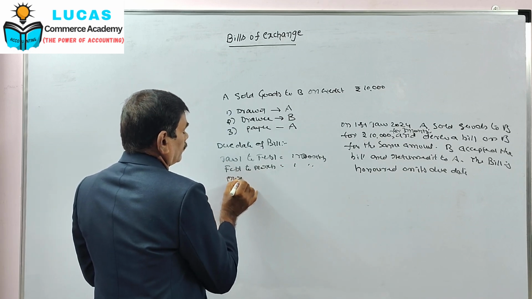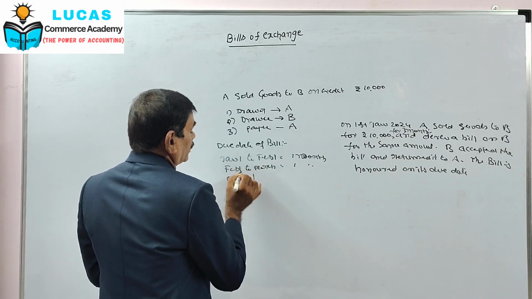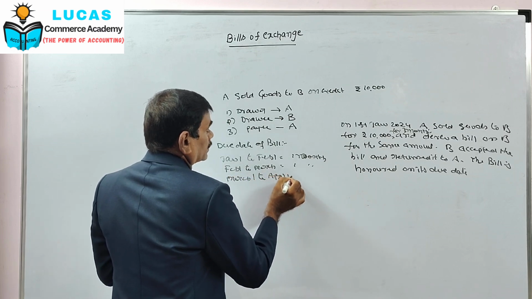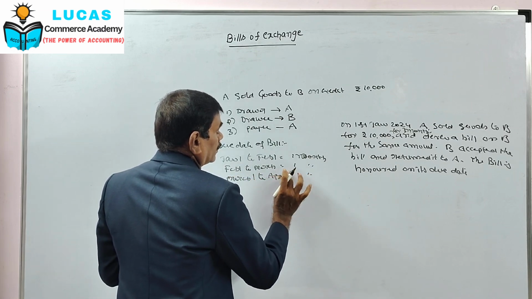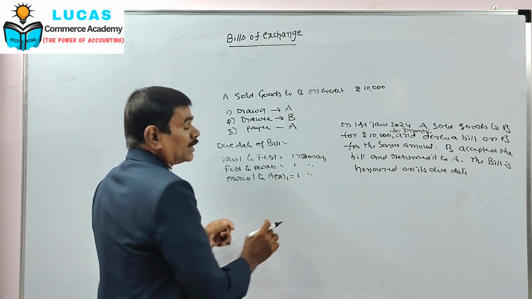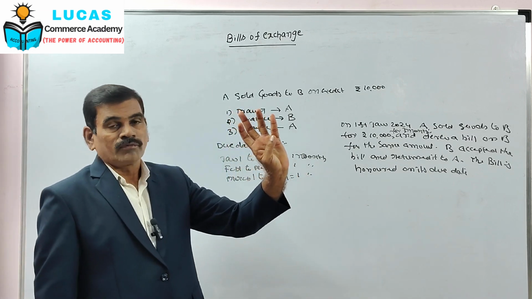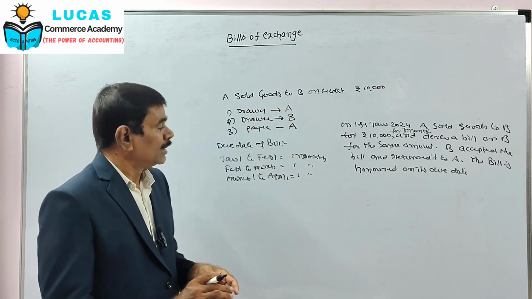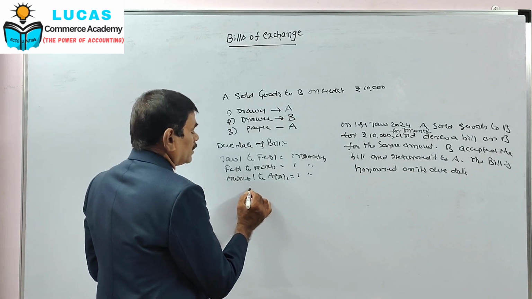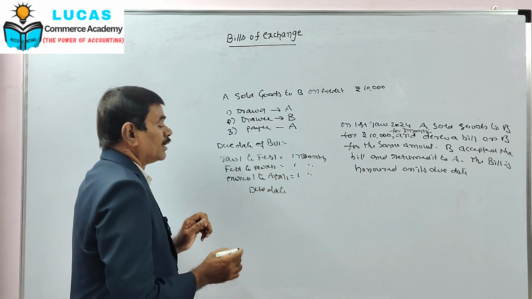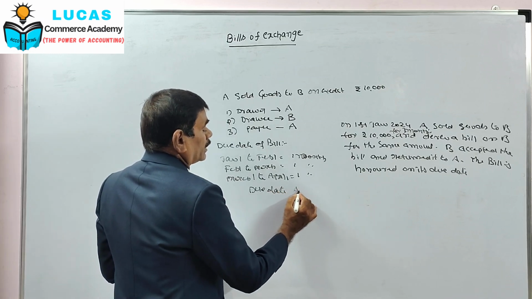From March 1st to April 1st, 1 month. That means 3 months. So April 1st is the due date.